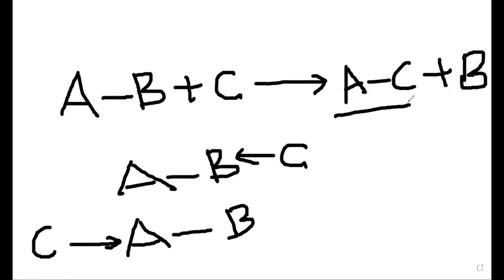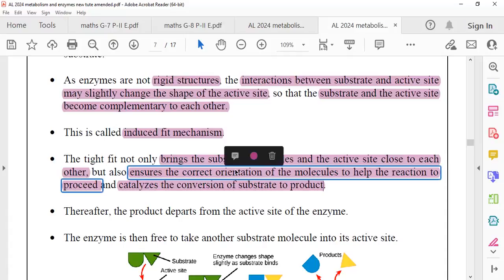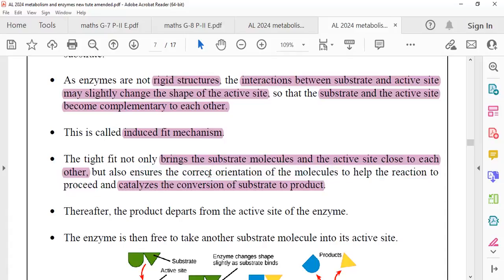Yes, sir. Wrong orientation will not give you the correct product. Understood? Yes, sir. So it is the enzyme's role, directing the substrate in the correct orientation.